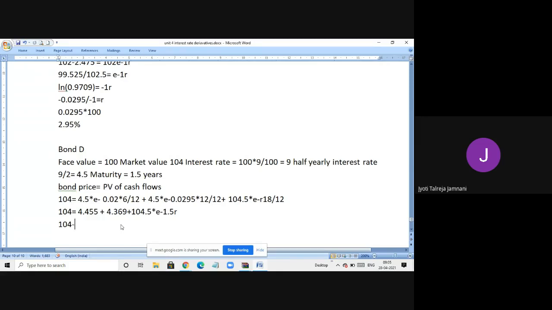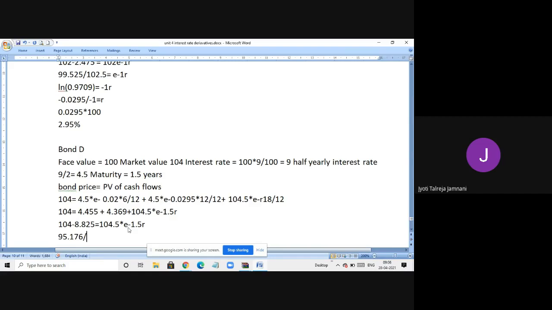So it will become 8.824. So 100 minus 8.824 is equal to 104.5 into e raised to minus 1.5 r, that is 95.176.